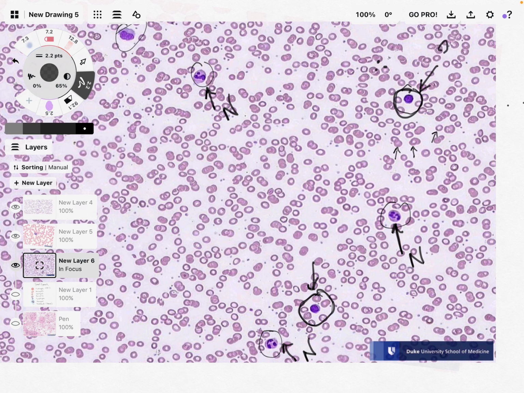This one especially could be confused for a basophil at this magnification. But this one, I can see a little bit of a plasma membrane on the right-hand side of the cell. And if I can see a little bit of a plasma membrane that's a lightish blue color, I would say, okay, that most likely is going to be a lymphocyte.